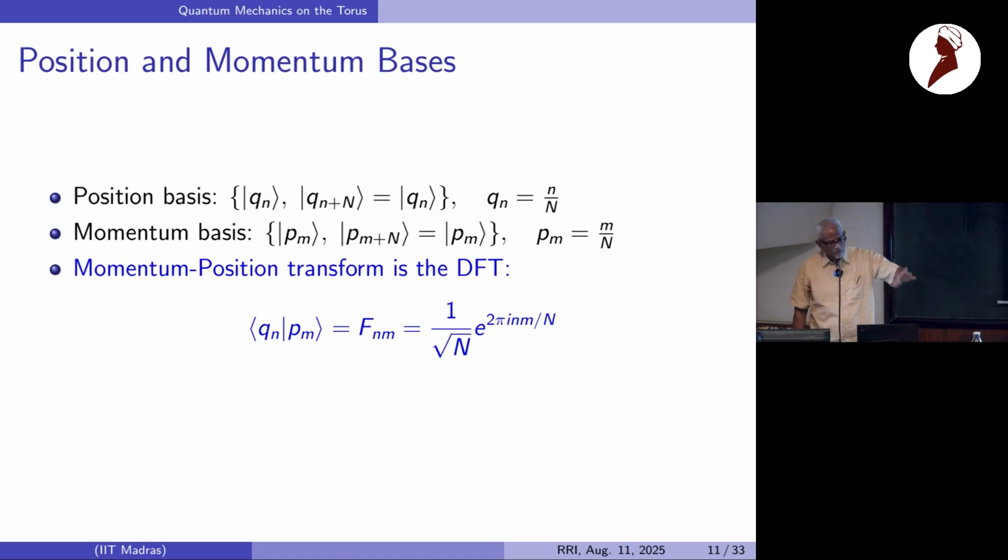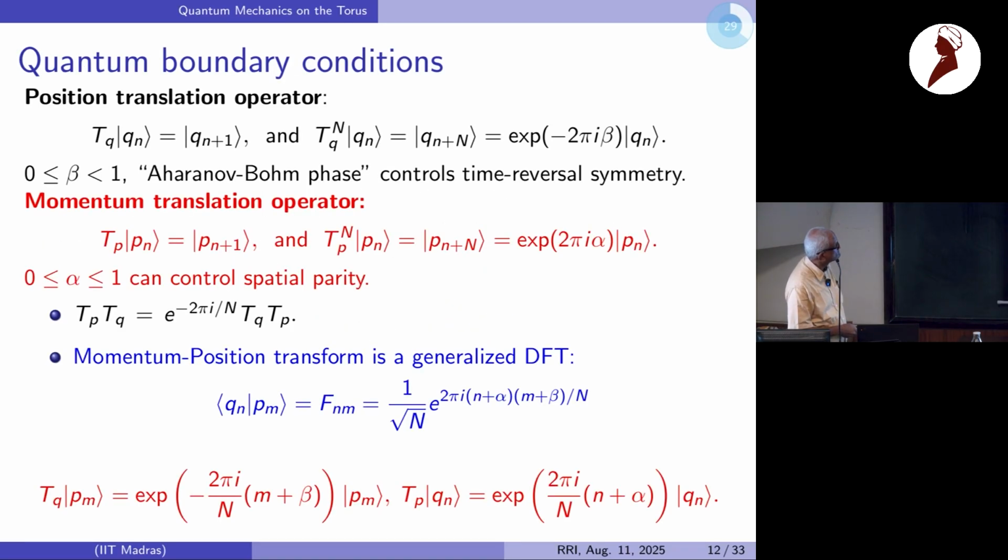Discrete quantum mechanics is there in a lot of physics. But for us, we just want to use it to understand basic models like the standard map on the torus. Now the position eigenvalues are just these fractions, and these momentum eigenvalues are these fractions.